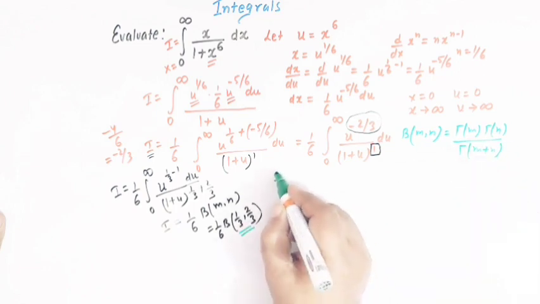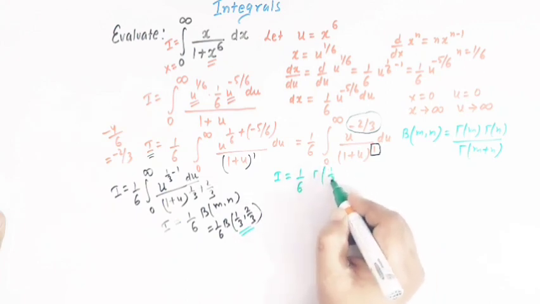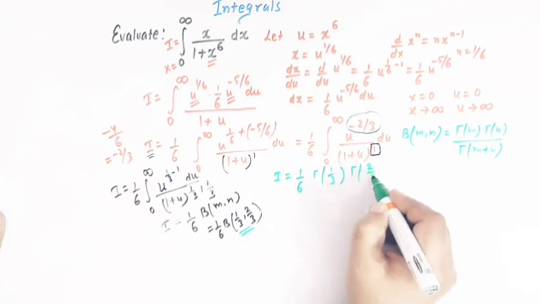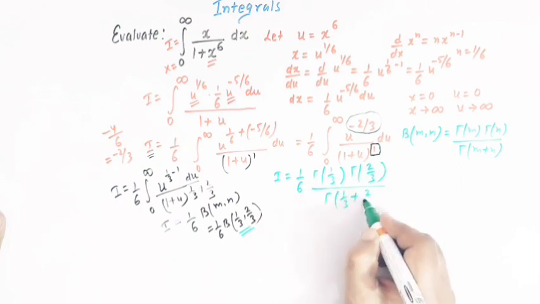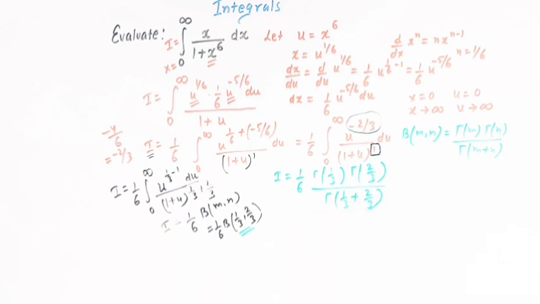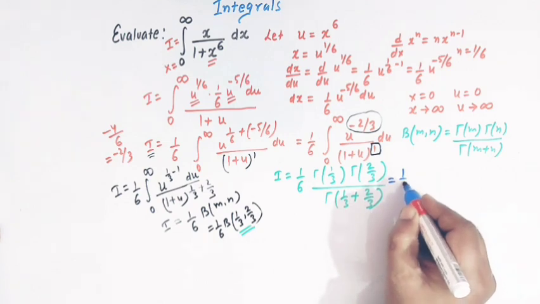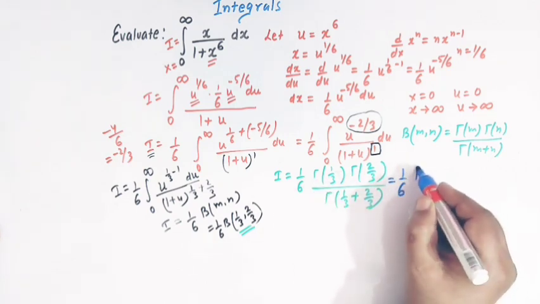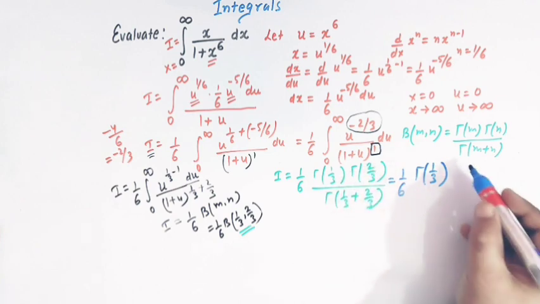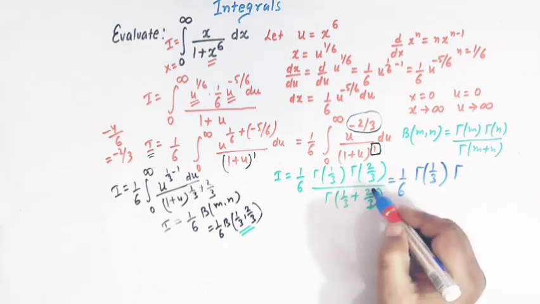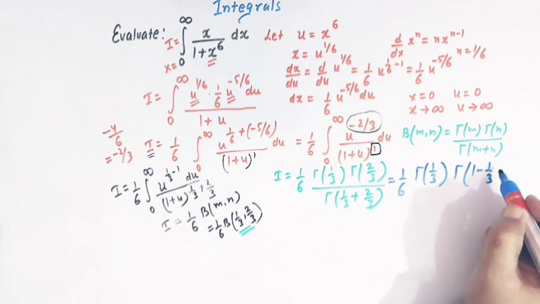So here I can now be written as 1 over 6 gamma of 1 by 3, gamma of 2 by 3 divided by gamma of 1 by 3 plus 2 by 3, right? So now we have here a 1 over 6 and gamma of 1 by 3. And now see, here we have gamma of 2 by 3, right? So gamma of 2 by 3 can be written as gamma of 1 minus 1 over 3, right?